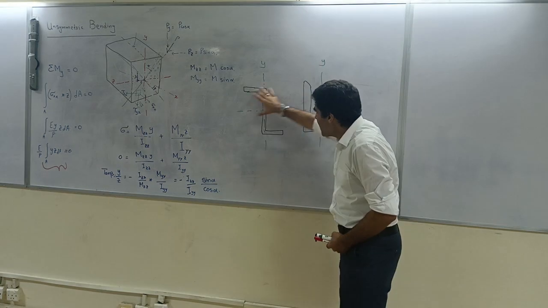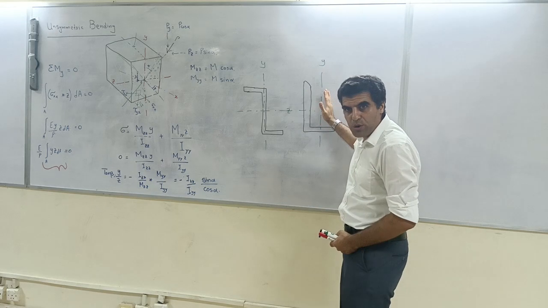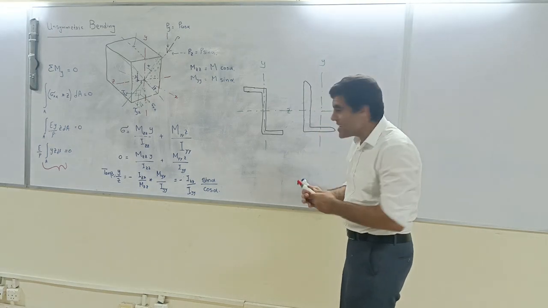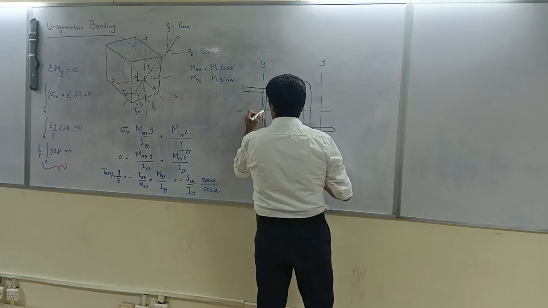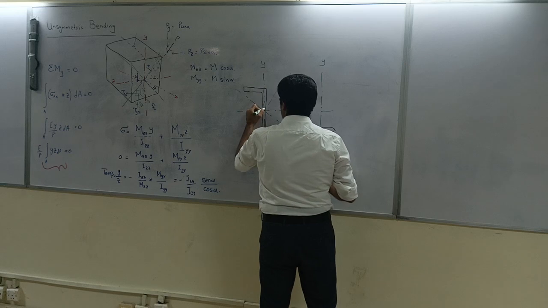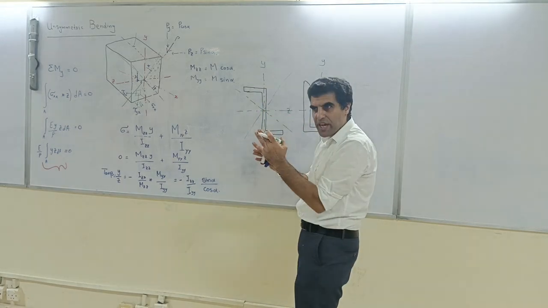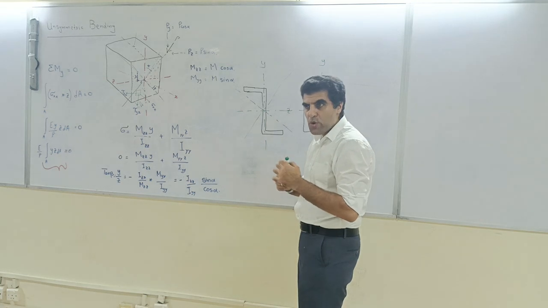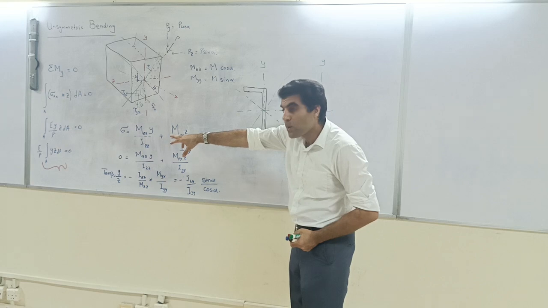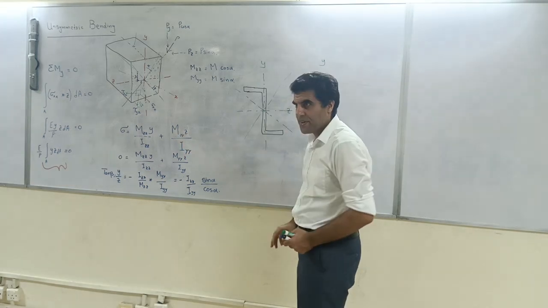So you can see that these two axes which I have defined over here are not the principal axes. The principal axes would be somewhere like this. You have to rotate it in such a way that you get an area where you get that thing equal to 0. And similarly in this case.